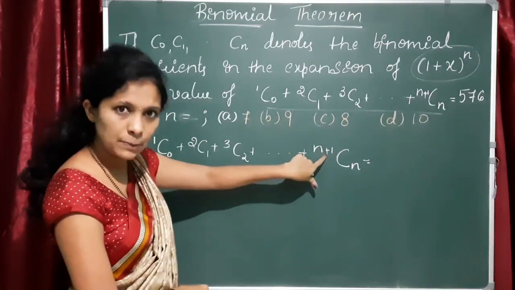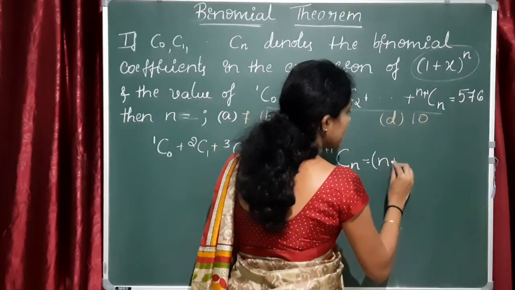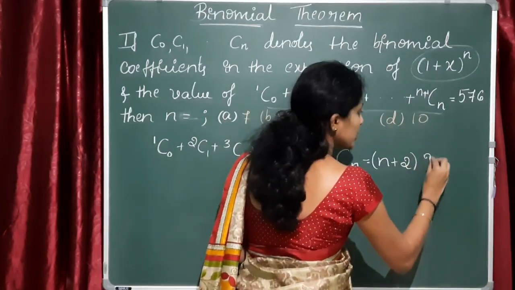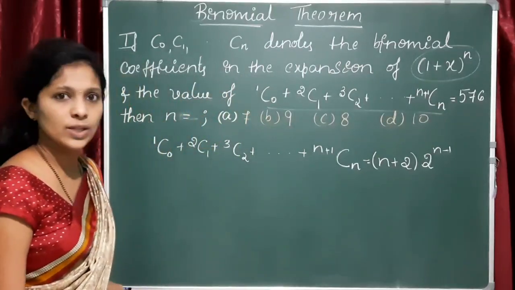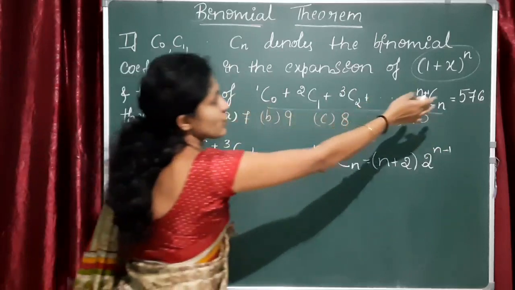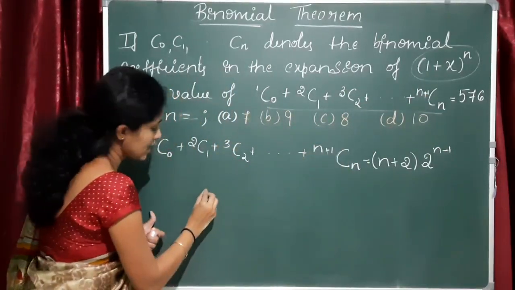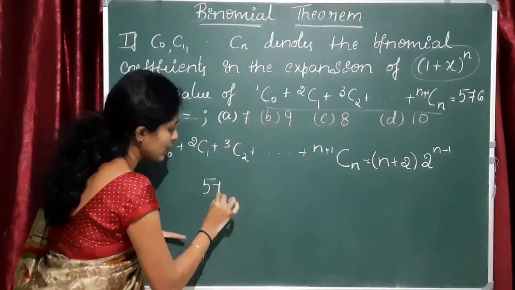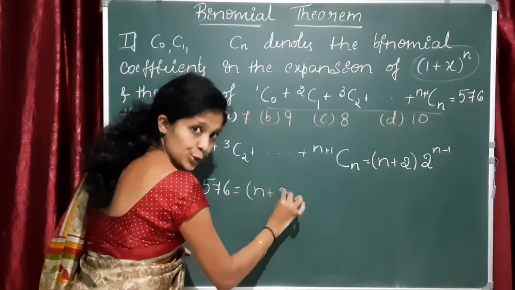Similarly here n plus 1 Cn is always equal to (n plus 2) into 2 to the power n minus 1. Remember this: n plus 2, 2 to the power n minus 1. Now here this is given as 576. So this sum is equal to 576. Just we'll substitute here: 576 will be equal to n plus 2, right?